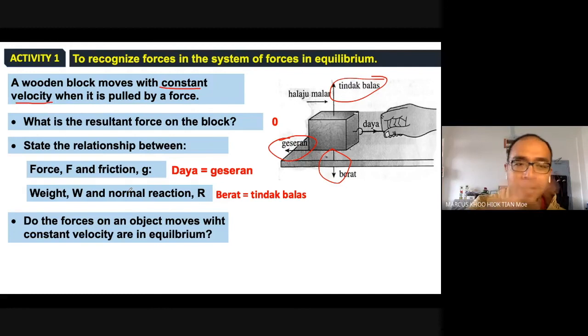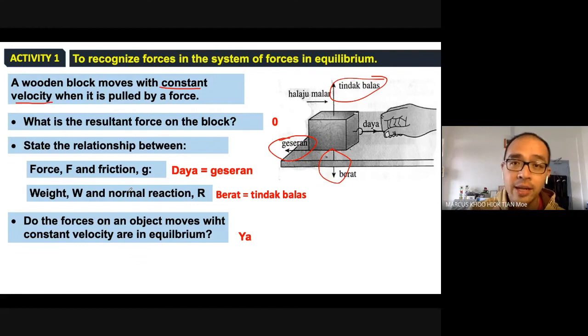Do the forces on an object that moves with constant velocity are in equilibrium? Oh dear, sorry, I'm not sure what this is supposed to mean, but I think the answer is yes. So when forces are in equilibrium, this second thing that I need you to understand, we've established this last time, but I want you to really understand this.